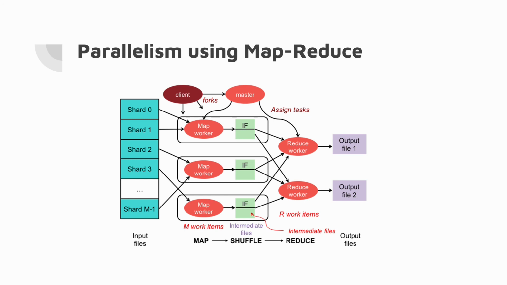Each of the R reduce workers contacts all of the map workers and gets the set of key value intermediate data that was targeted to its partition. It then calls the user's reduce function, one for each unique key, and gives it a list of all the values that were generated for that key. The reduce function writes its final output to the file that the user program can access once MapReduce is completed.